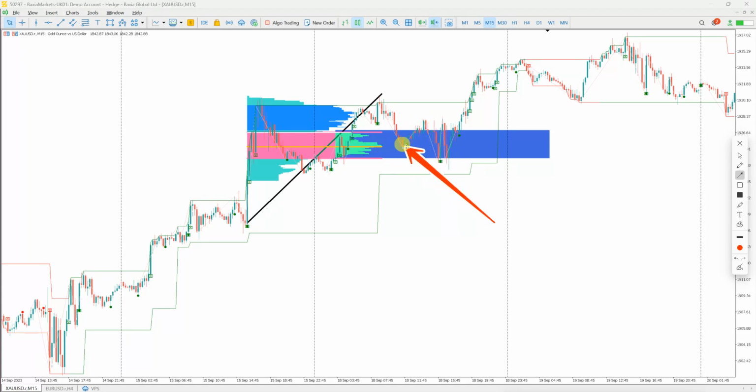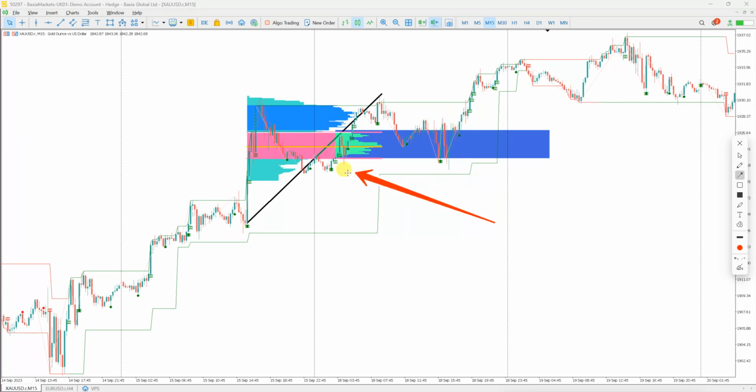So the market corrected from here. It touched the POC. It reacted, went back above it, and then it grabbed liquidity in the area below the low of the value area, where there is a low value node over here. The market reacted again and went back above the value area high, and you can start buying here.